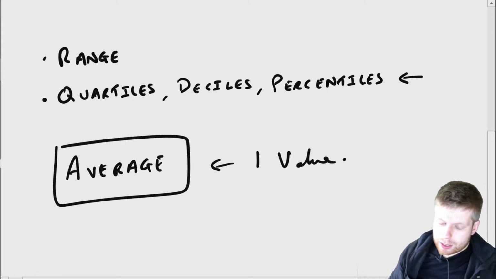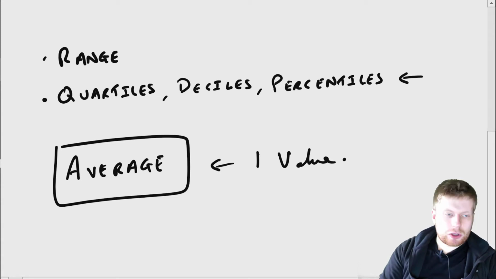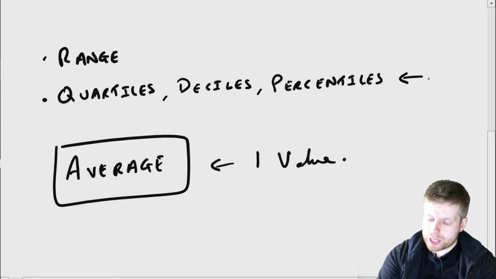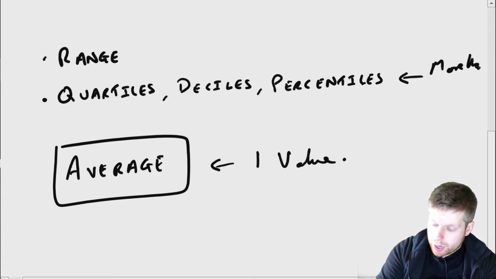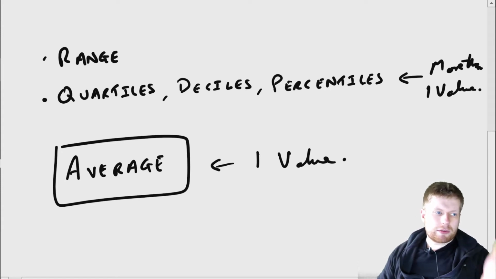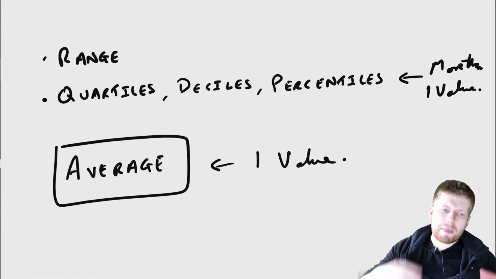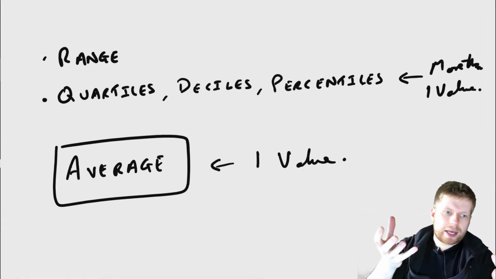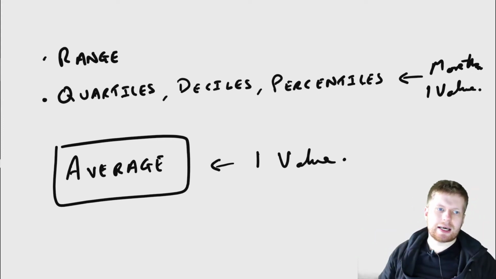The nice thing about an average is that it's just one value that I need to worry about. Whereas quartiles, deciles and percentiles are measures of spread, which is more what I want to get to. I want to understand how spread out the data is. But the issue with these is there's more than one value.